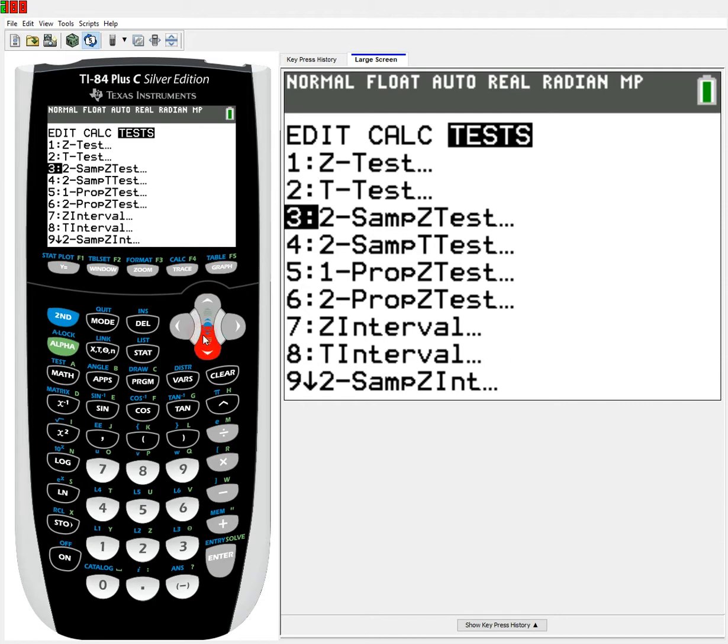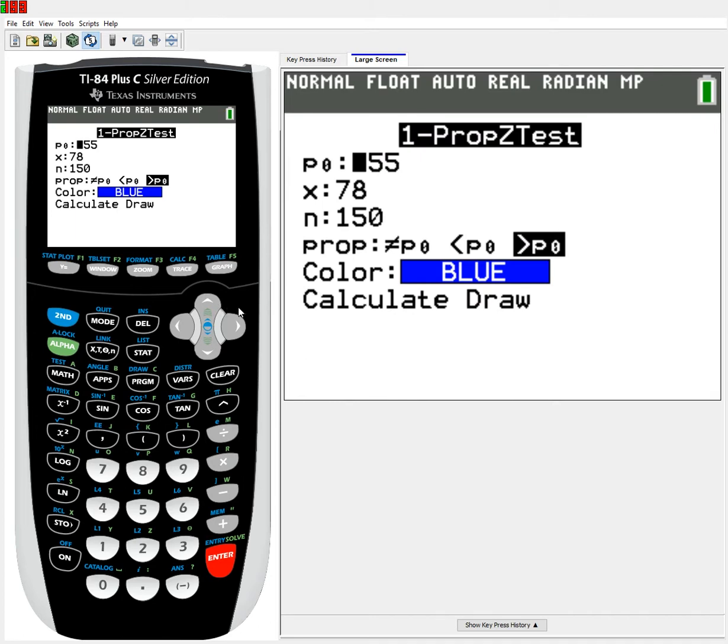To give you an idea of what I mean here, we're going to go down to 1-PropZTest and open this so you can see the parts therein. When I open up 1-PropZTest, what we see here is p sub 0. Now, I said I would talk about this later. p sub 0 should be the proportion that you will see in a hypothesis.